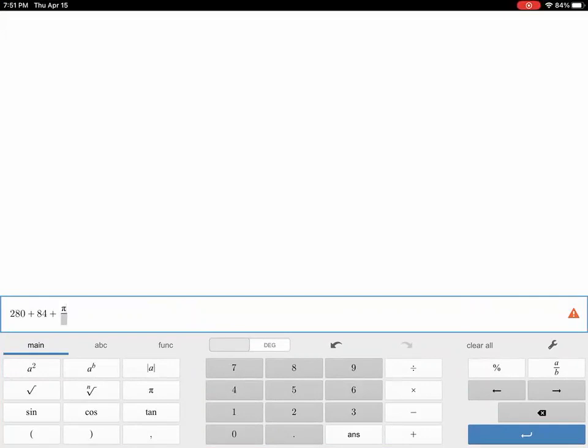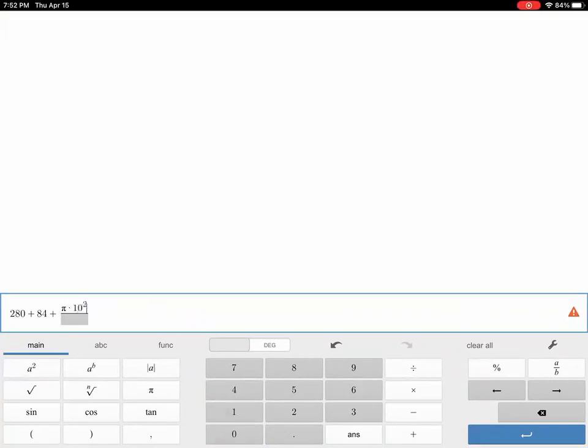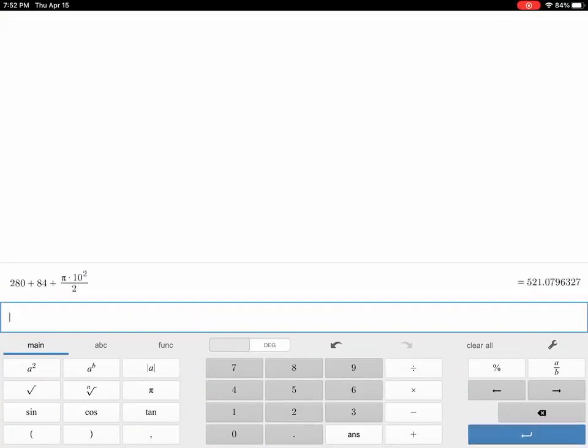We want to use that button. We do not want to use just 3.14 because we want as many digits as we could possibly get, which means we use pi. And there is my final answer, 521.07.